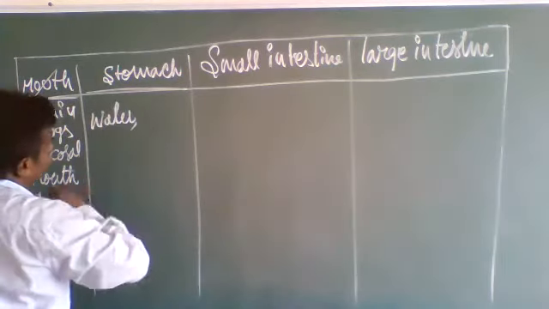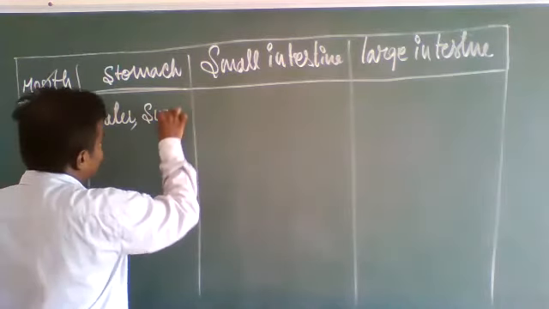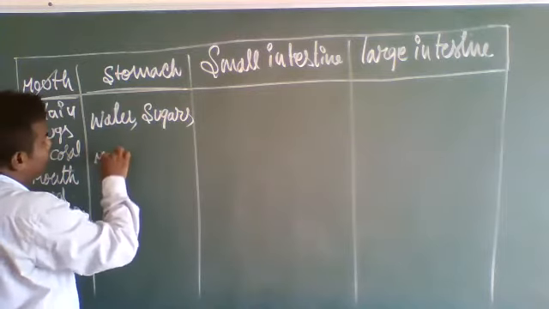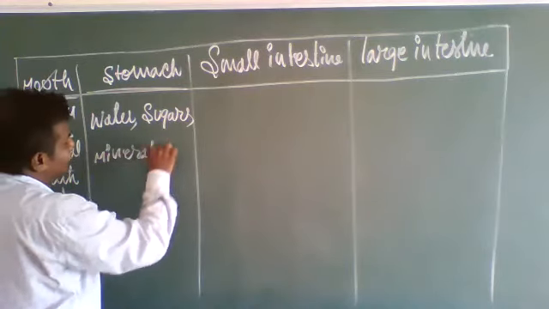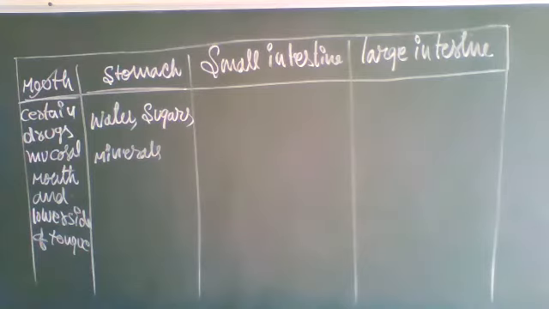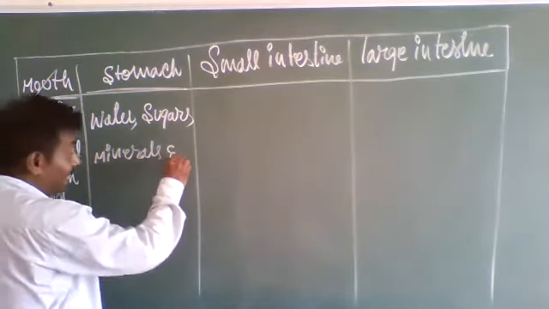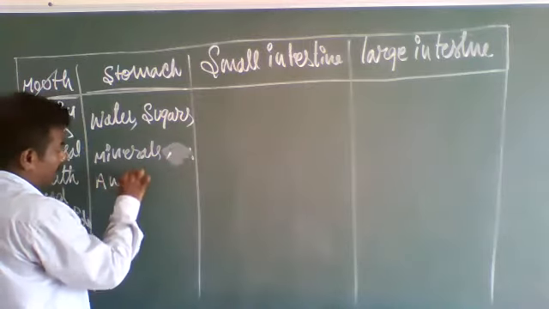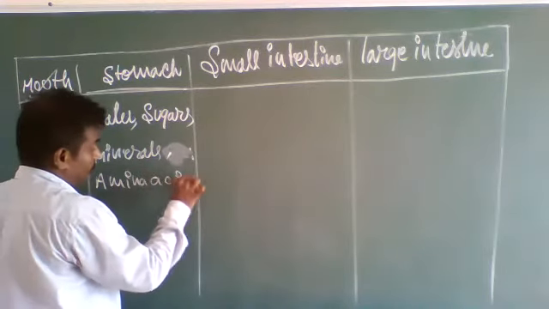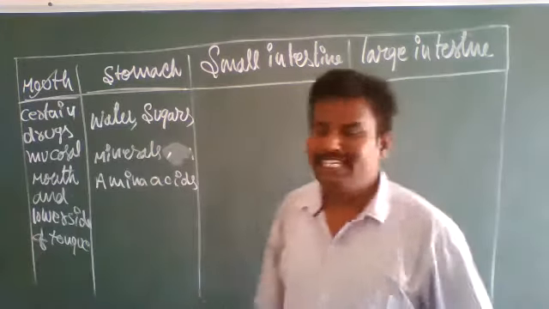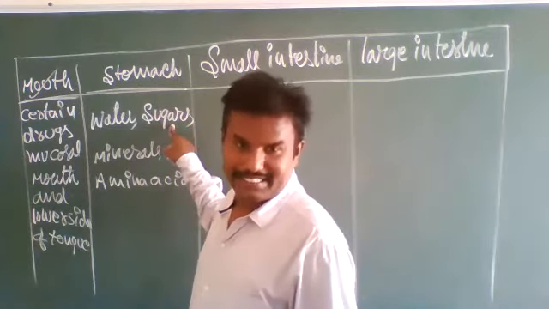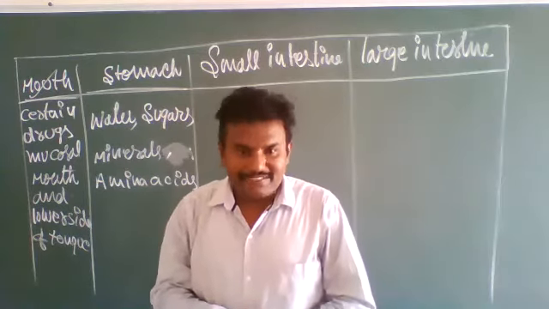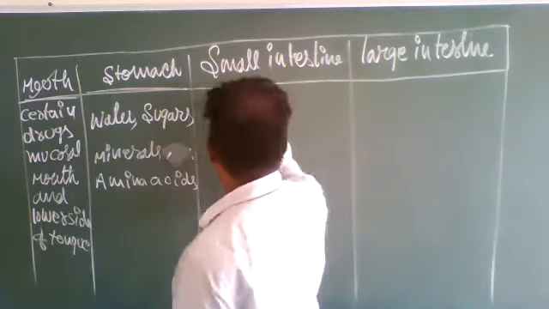Water, simple sugars, and minerals, and amino acids are absorbed in the inner lining of the small intestine.